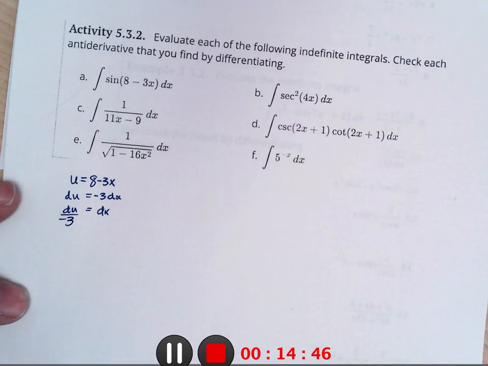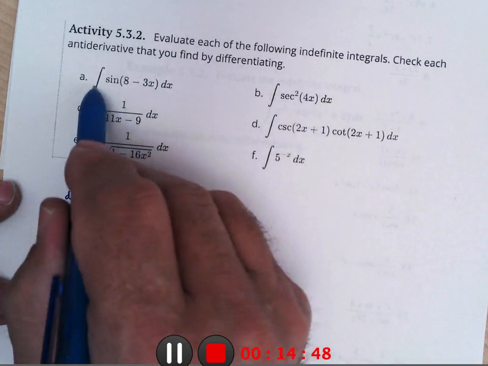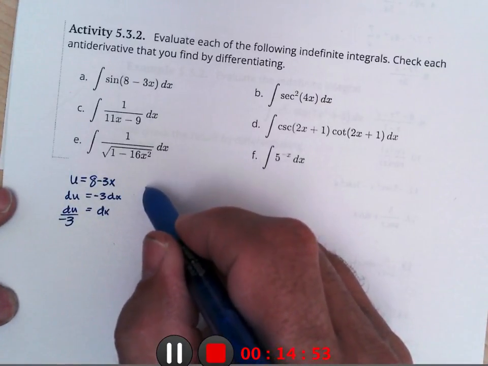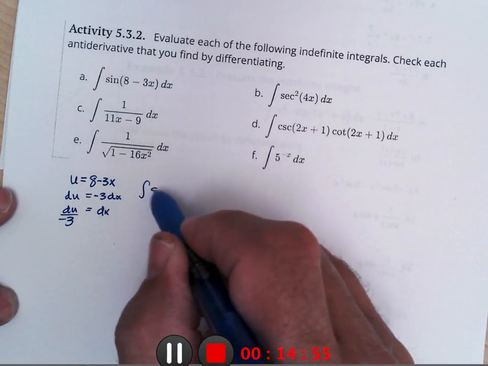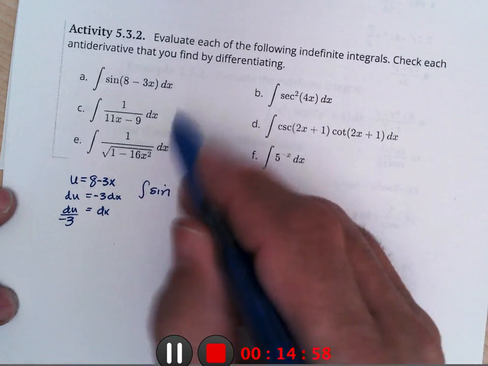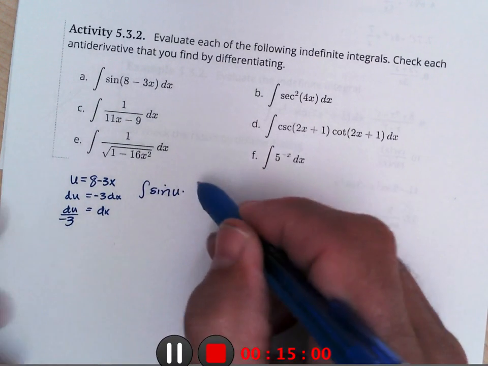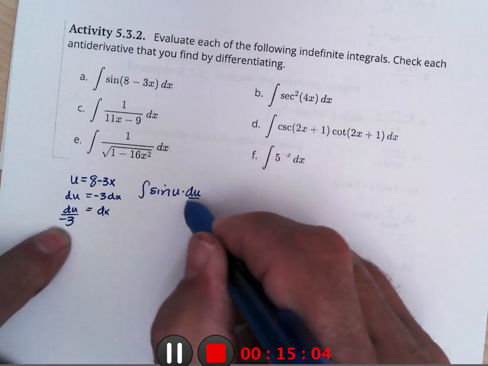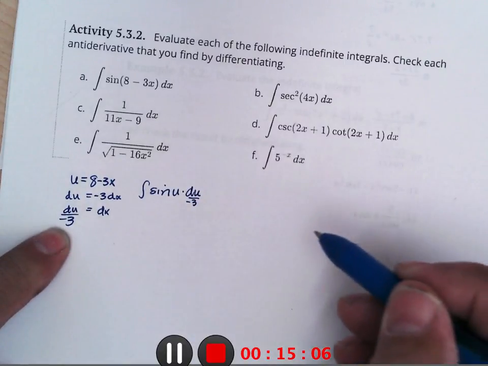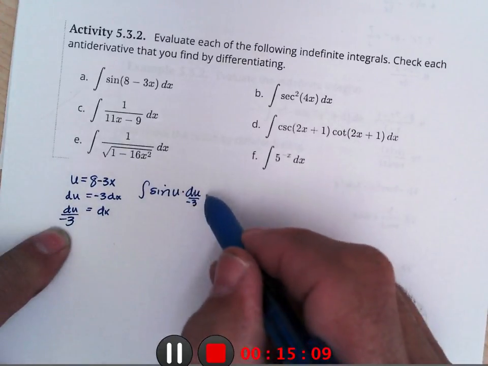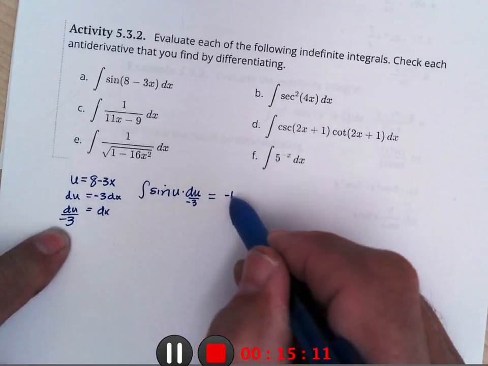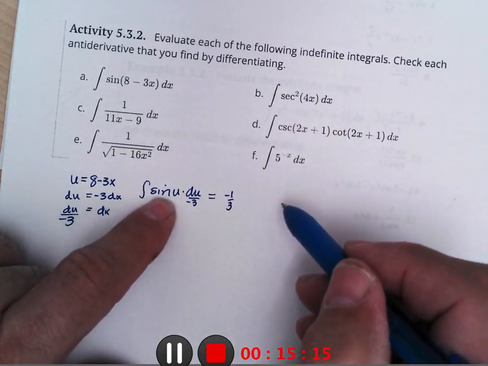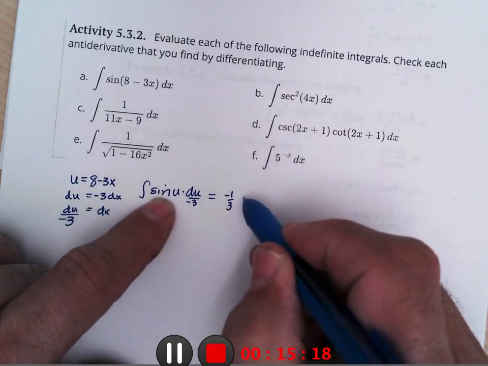So this antiderivative, this indefinite integral, would become the integral of sine of u times du over negative 3. That would come out as a negative 1/3, so we're going to get negative 1/3. The antiderivative of sine is negative cosine.